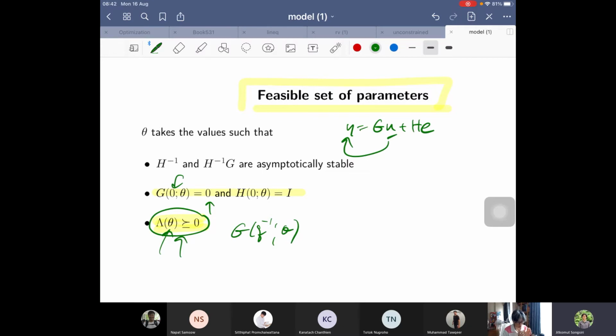This is how Y responds to the deterministic U. So when we have this condition that G at 0 must be 0, it means that, let me give a counterexample, an example of G that violates this condition. It is 1 plus this, right?